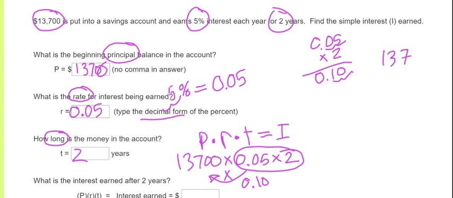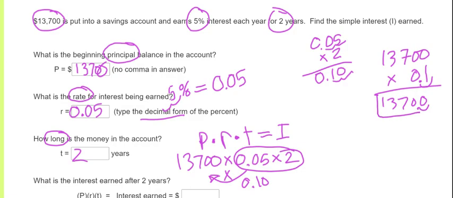So we have 13,700 times 0.1. Well, 1 times all of this is going to be 13,700. There's 1 decimal place value, so we move it over 1 spot. So what is the interest that is earned after 2 years? The interest earned is going to be $1,370.